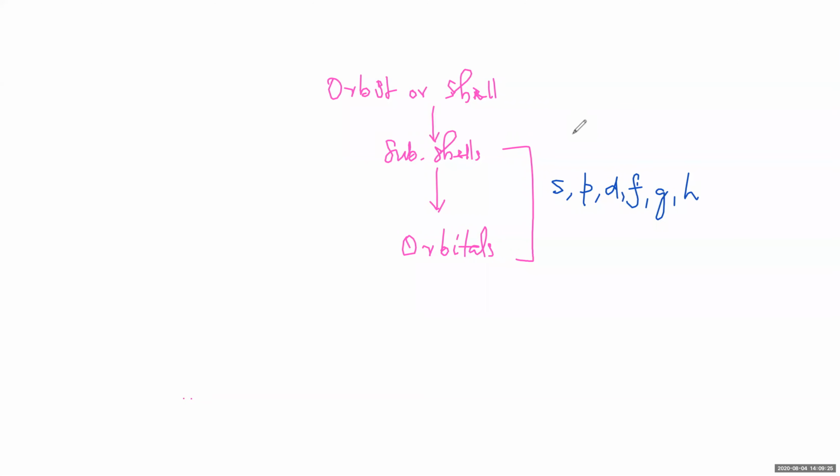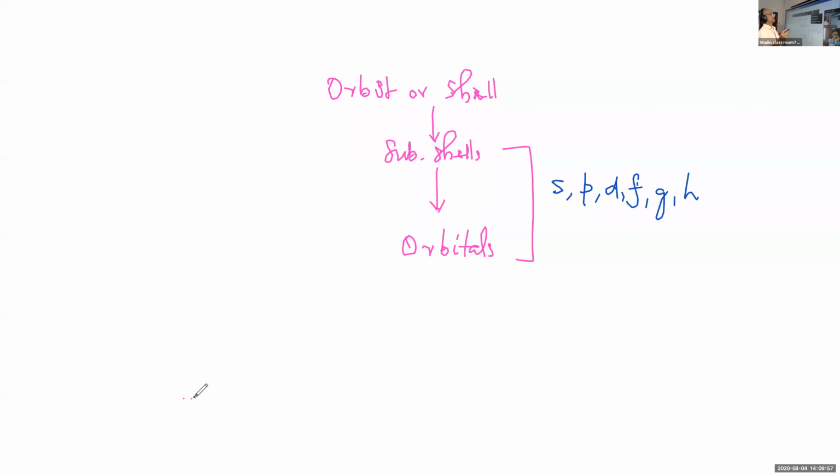So, the shells are divided into subshells, then subshells are divided into orbitals, and the orbitals as well as the subshells are named S, P, D, F, G, H, etc.